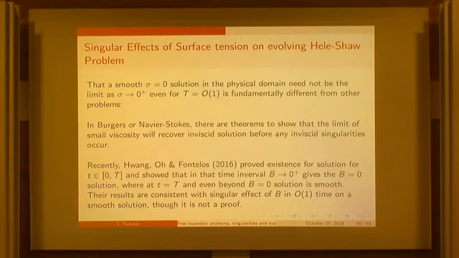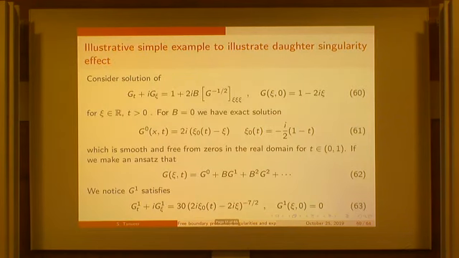The zero surface tension solution is still smooth, but they conjecture that this is because of the daughter singularity that we talked about. But this is not a proof. It just means it's consistent with the result that we have. But the proof still is not there.